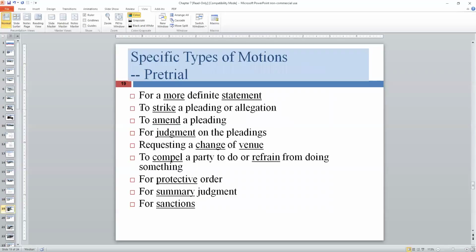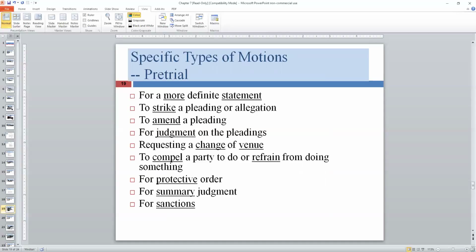A common one, and you'll see several of these are 12(b) motions, is a motion for a more definite statement. This is filed before an answer is filed, and the purpose of this is that the defendant doesn't really understand what the plaintiff is saying, at least in certain parts of the complaint.